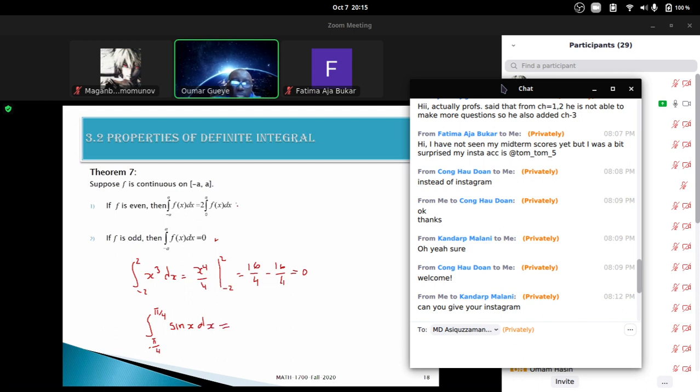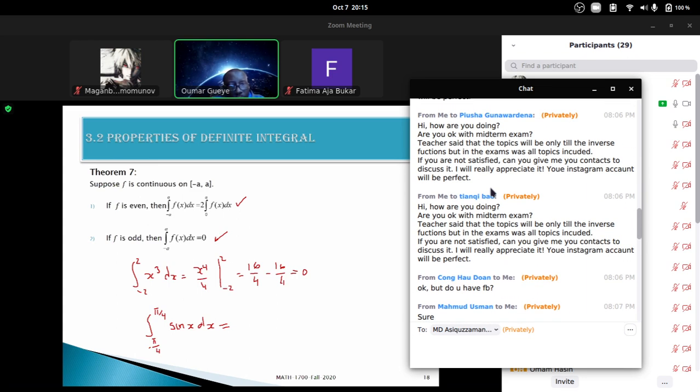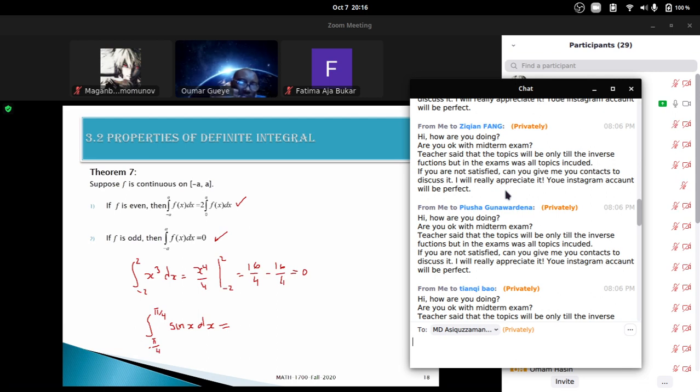Do we have the first case here, or the second one? The first. Is sine an even or odd function? Sir, it is the second case. Exactly. Sine is an odd function, because you know sine of -x is equal to minus sine x. So automatically you can say this is equal to 0.